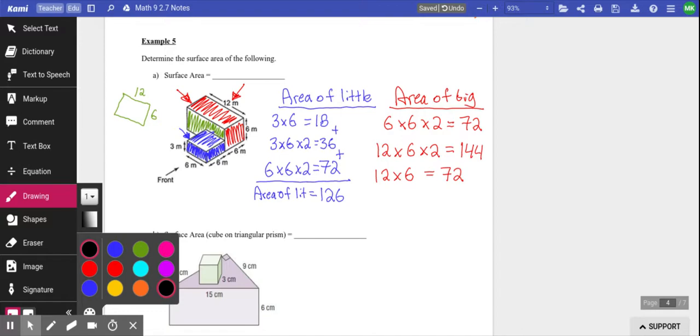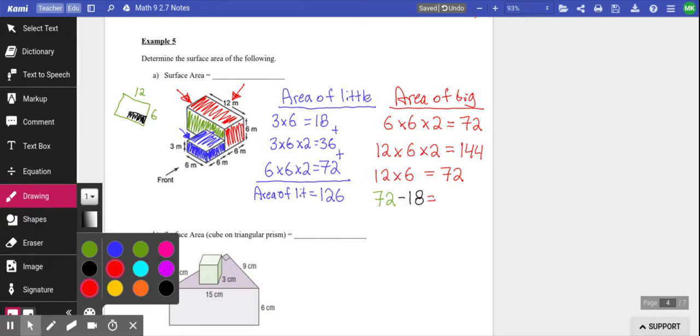But then there's this overlap region, and I need to subtract that away. The area of that rectangle would be 72 because it's 12 times 6. And then we already know that the little side on the smaller prism is 18. That's one side. So you do 72 minus 18 and then you get your answer.